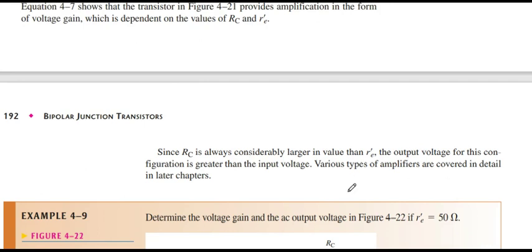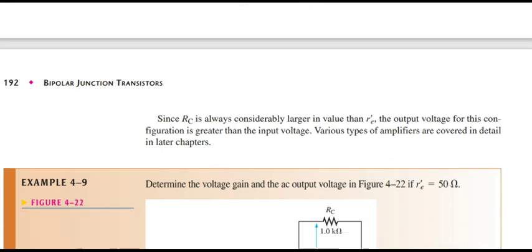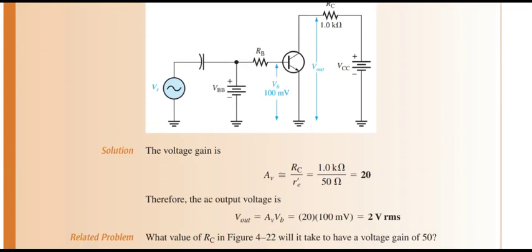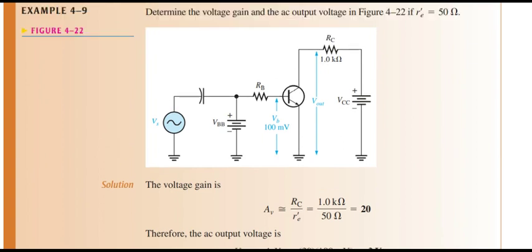There he discussed that we can read more detail in the next chapters. This is the example. Let's discuss it also. He should give us: determine the voltage gain and the AC output voltage from RE.